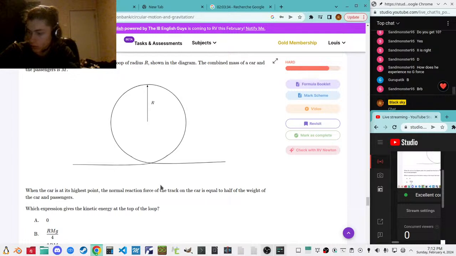So m over 2 is equal to the normal reaction, which is equal to the centripetal force, equal to mv squared over r. So m cancels, 1 over 2 equals v squared over r.